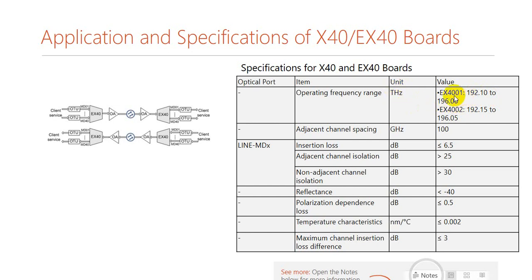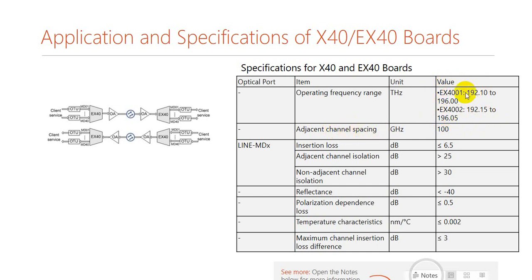This is called the even channels. Another set of 40 channels is in the range starting from 192.15 to 196.05, which will be called odd channels. The card used for even is called EX40 even, and this will be EX40 odd.